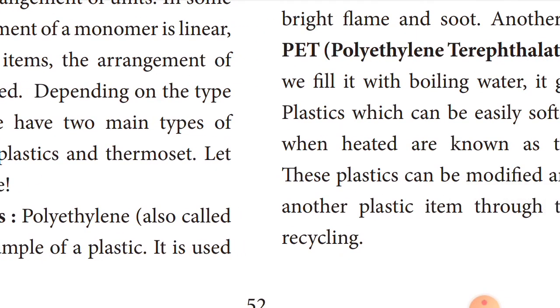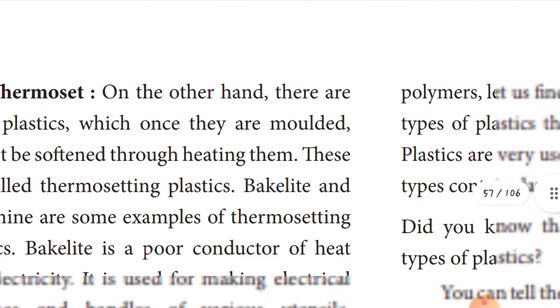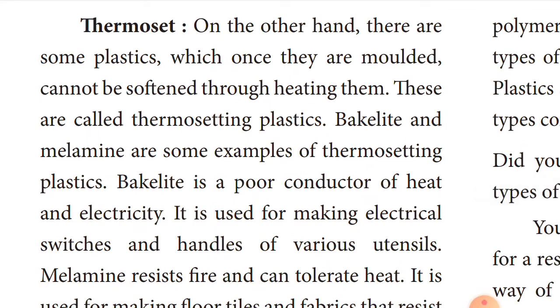These are all thermoplastics, with good recycling properties also. The next one is thermosetting plastics. We are using Bakelite and melamine. Here, children, we are using switches, switchboards. Melamine are some examples of thermosetting plastics.